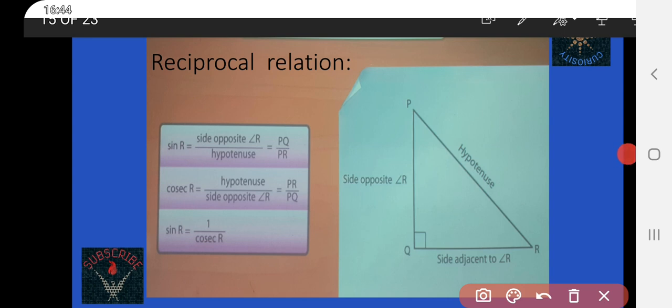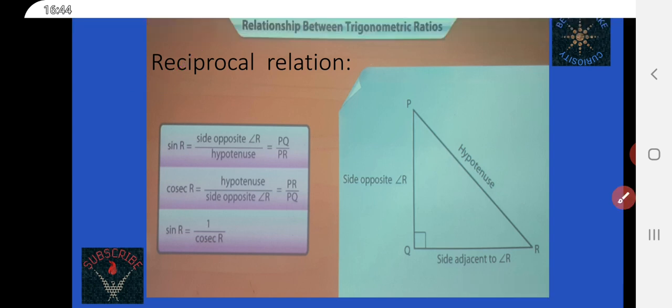See, reciprocal relationship. Sine of angle r is the side opposite to angle r over the hypotenuse, that is p by h, which equals pq by pr.